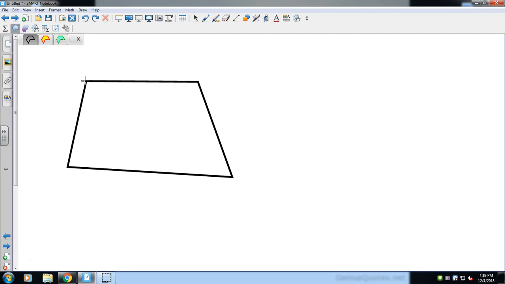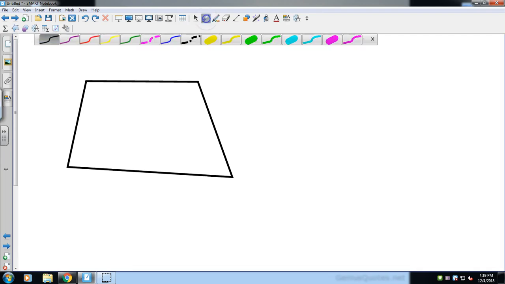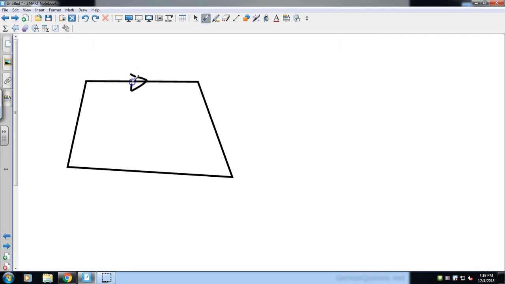It does have one set of parallel sides, but in this case, the diagonals wouldn't have the same relationship, and the base angles and the second set of opposite sides would not have a relationship. However, we can get a mid-segment out of this.